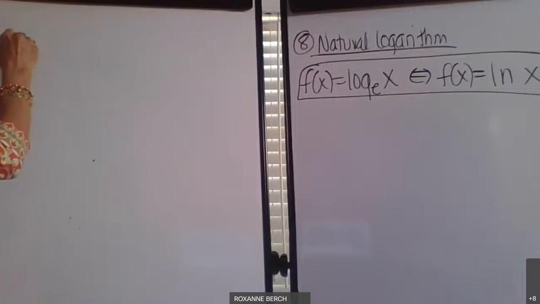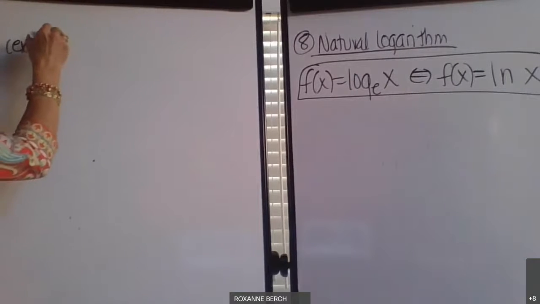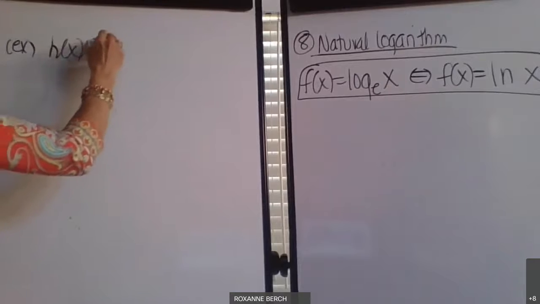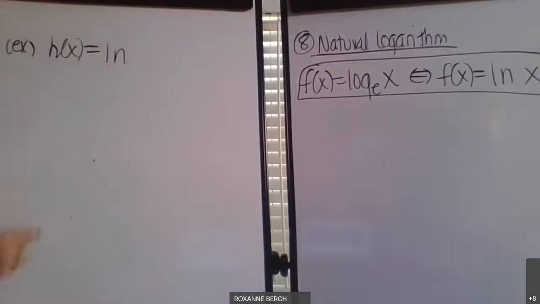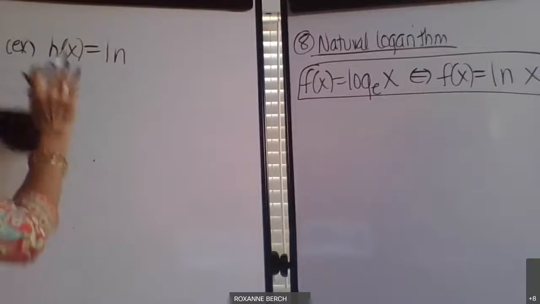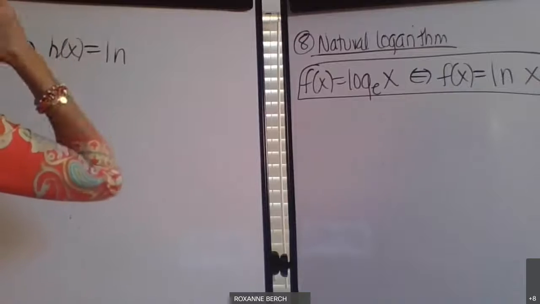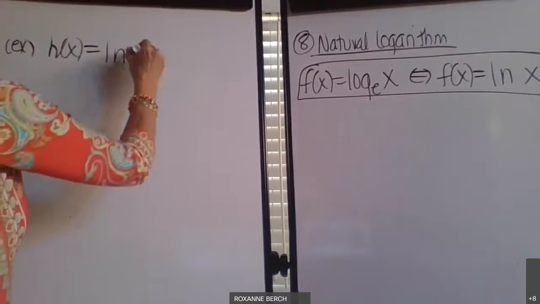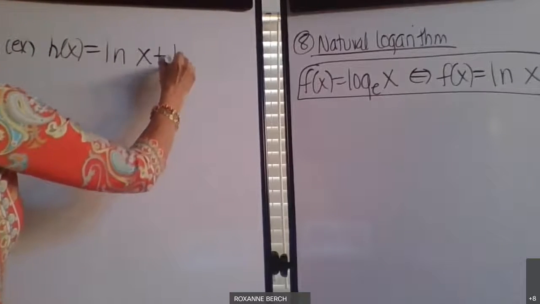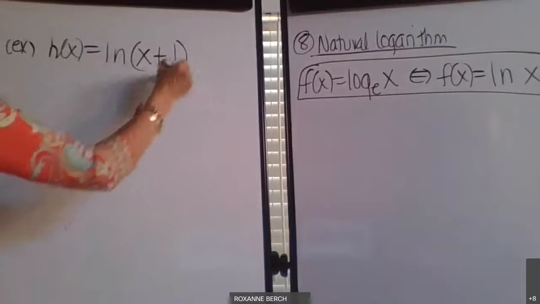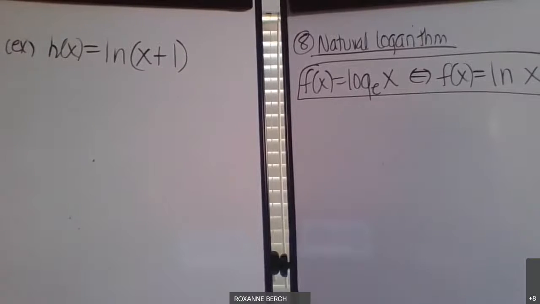All right. So let's say we want to graph this. Now that is not an I, it's an L. So it's a natural log, and they might say something like this. So the parent is going to be log base e of x, right? Those are equal.